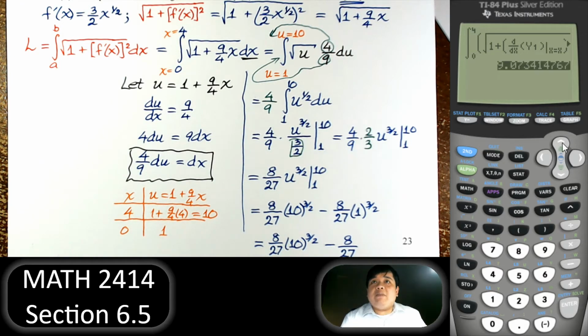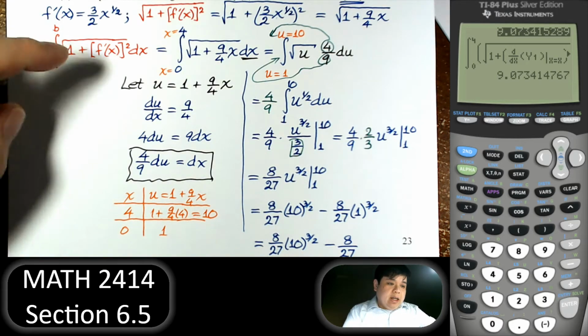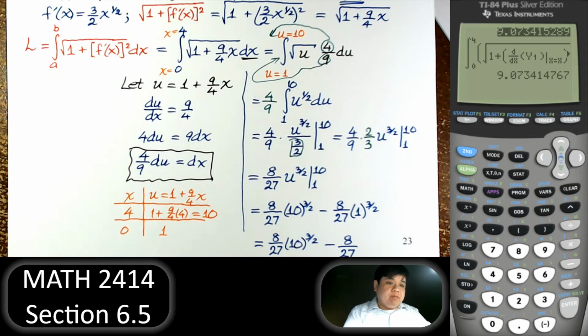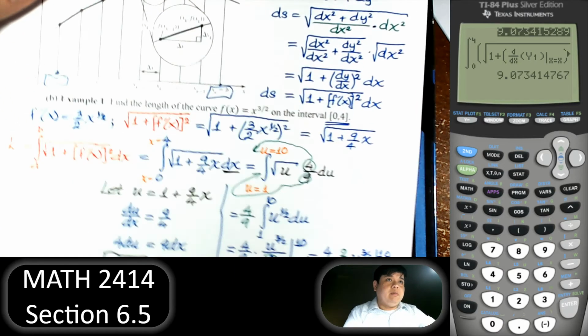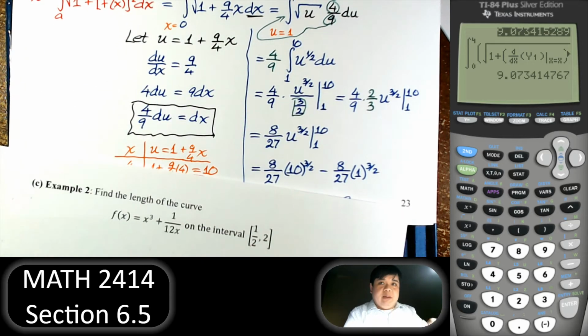It may not be exact, but they're pretty close, because like I said, the calculator can only do approximation. Right. Bottom line, the formula is straightforward. Not difficult to prove either. But the integral though sometimes would be very complicated. You see that in the next example.